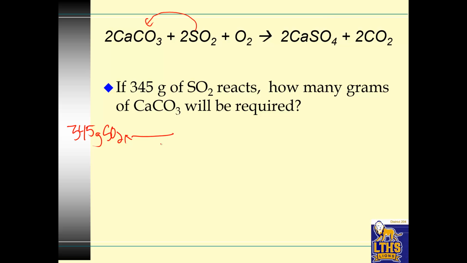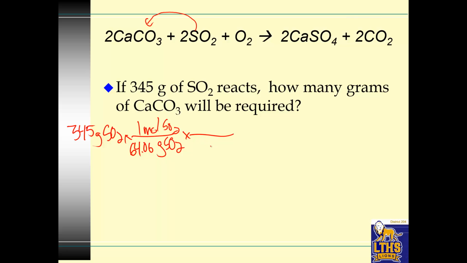SO2 times dividing bar. How many grams of SO2 go into 1 mole of SO2? And I go to the periodic table. 32.06 is what my periodic table says for sulfur, plus 16 plus 16, 64.06.